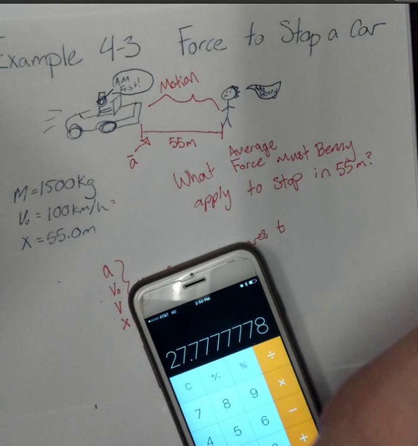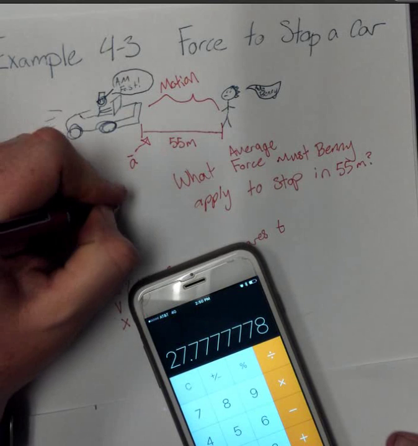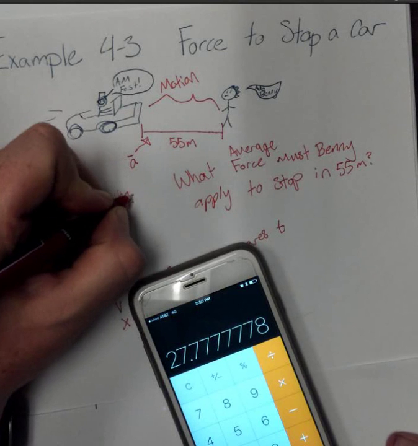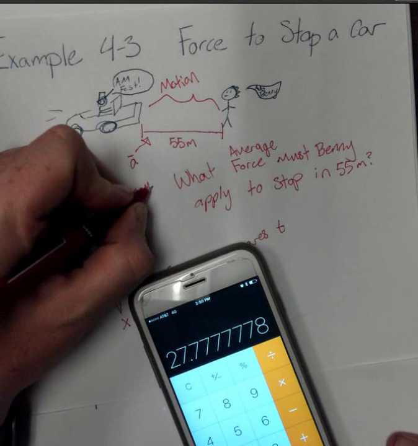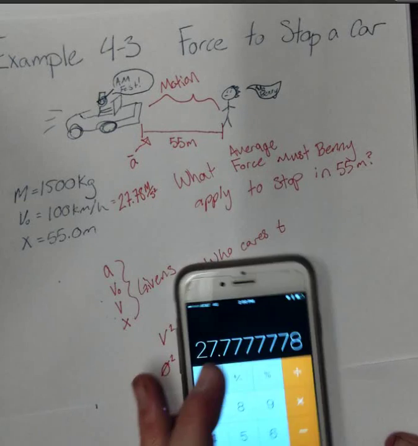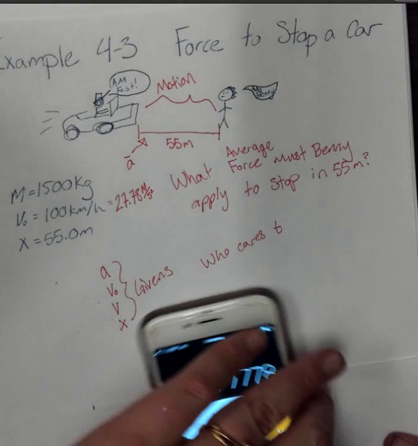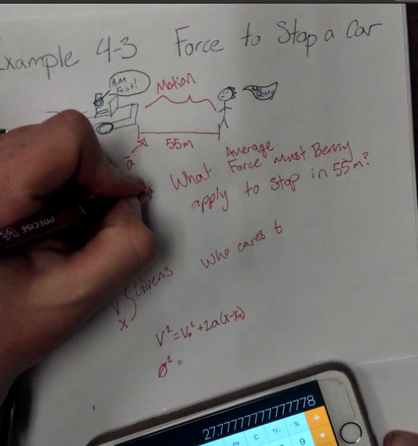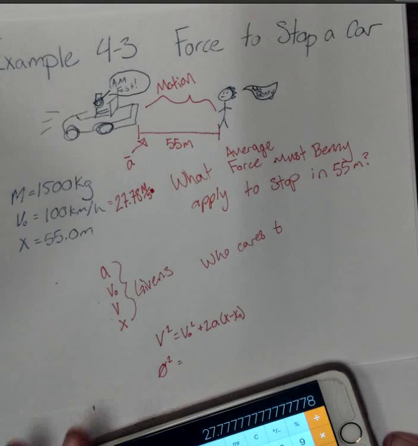So we've got an actual initial velocity of 27.78 meters per second. We could round that to 28 meters per second, not the squared. See, sometimes I do it too.